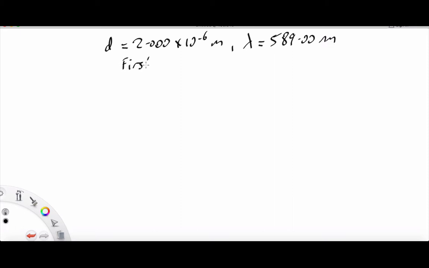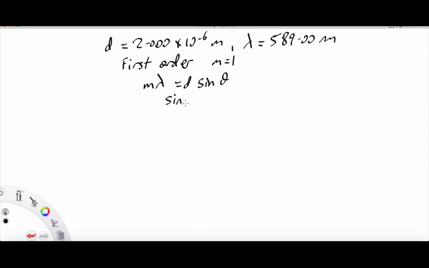Now, the things we know: the spacing of the slits is 2 by 10 to the minus 6 meters, and the wavelength of the first line is 589.00 nanometers. First order means m equals 1. So we have m lambda equals d sine theta.